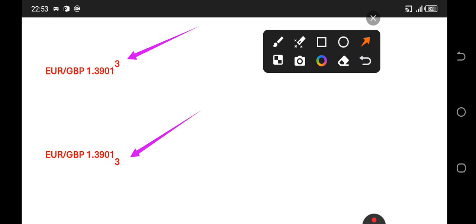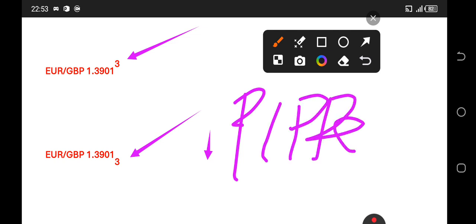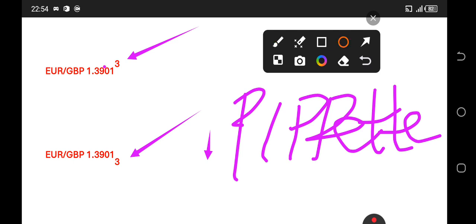They are the pipettes, P-I-P-E-T-T-E. The last three above, let me circle it again for clarity. These three and these three are what we refer to as pipettes.